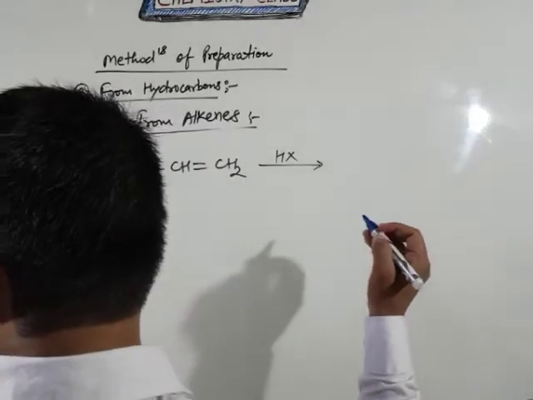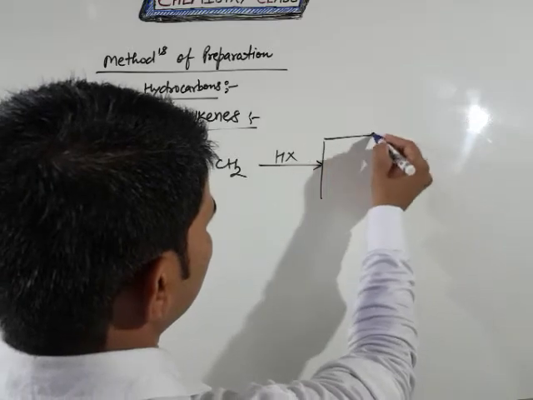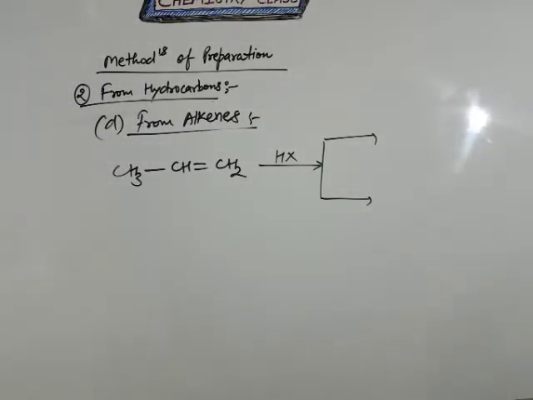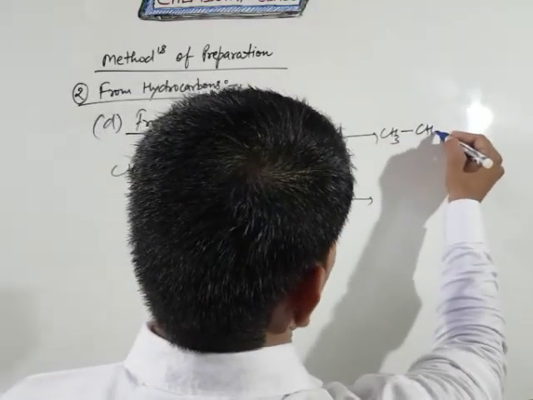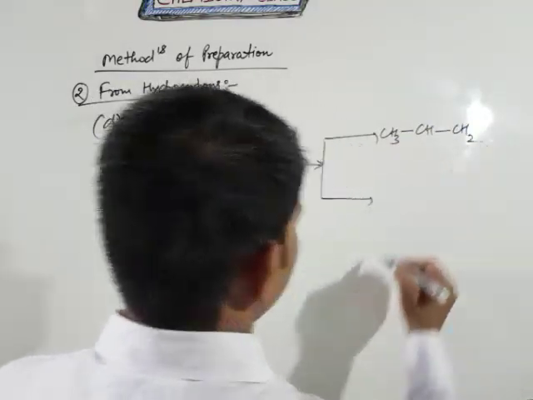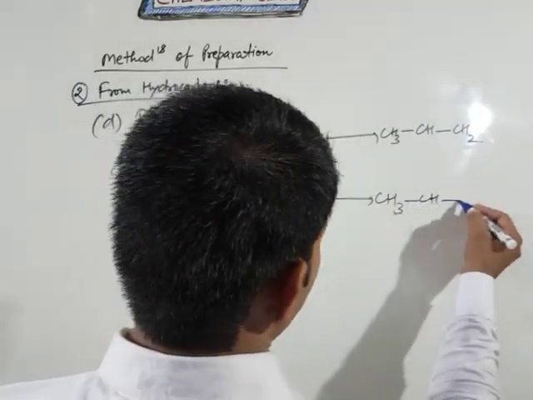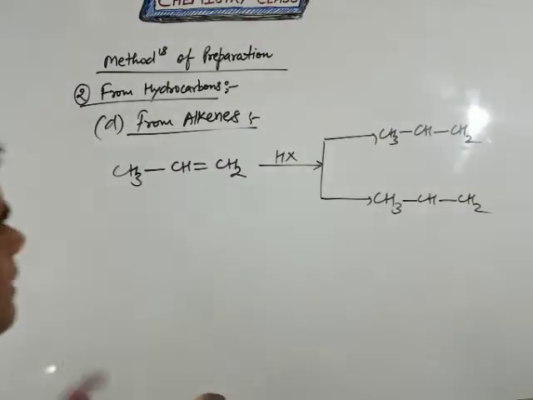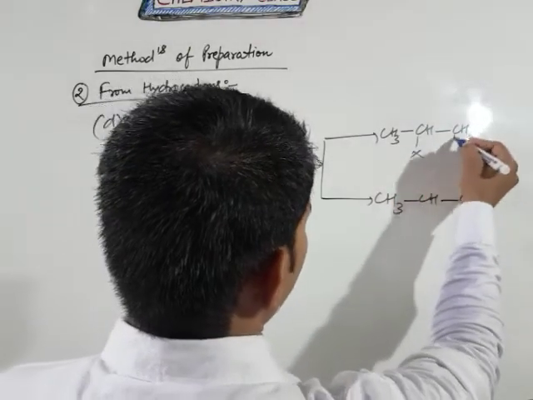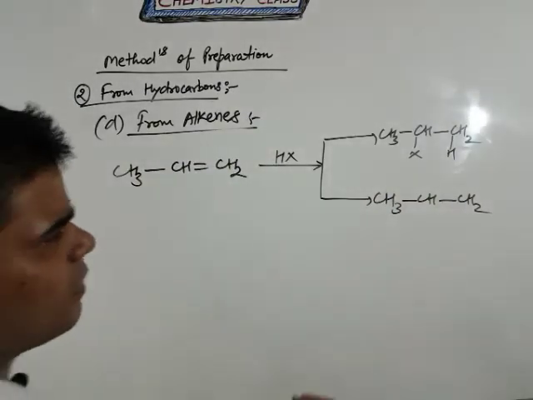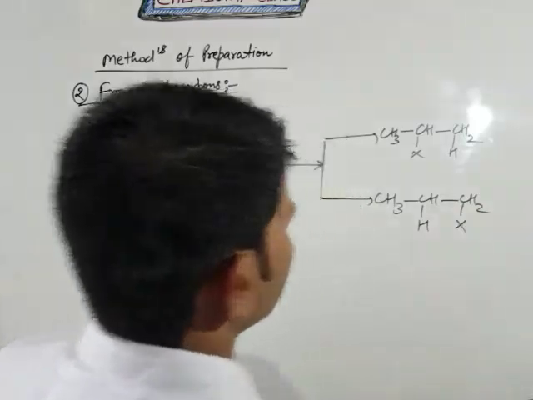So in this case you decide the major and minor product. So students, split this example like that. First you write CH3 single bond CH, and the double bond also converts into a single bond, and in this case also you write CH3 single bond CH single bond CH2. If we take the halide at the center and the hydrogen on the corner atom, and then reverse both positions, clear?